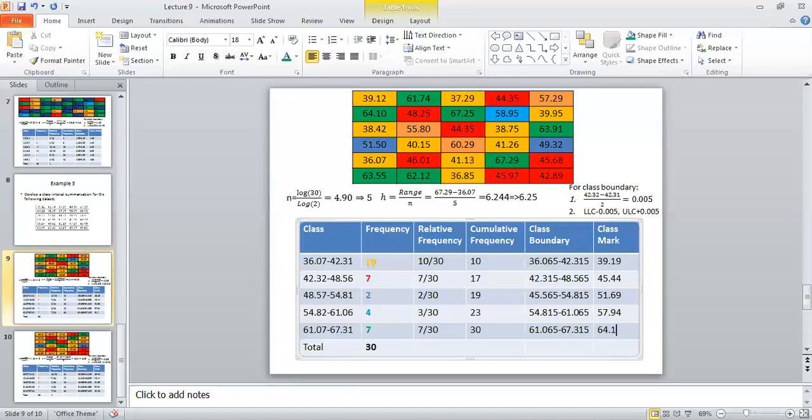And that's how we fill up all the class marks for the individual classes. This is the way we have summarized our data set in the form of the class interval table, filling up all the columns. I hope this is understandable to everybody.